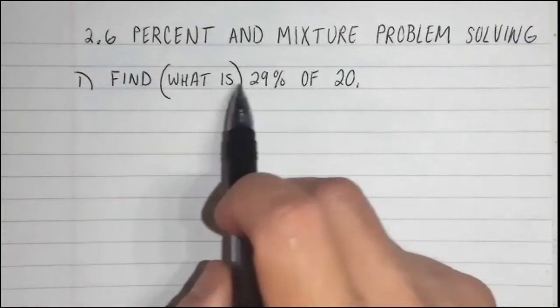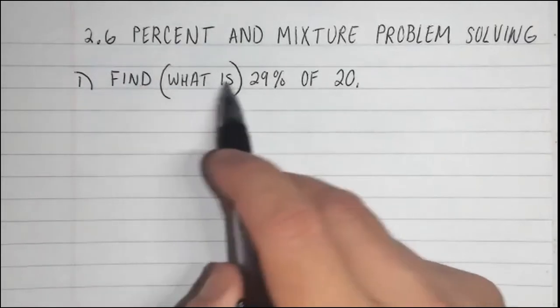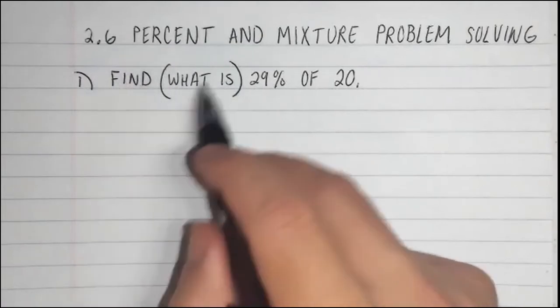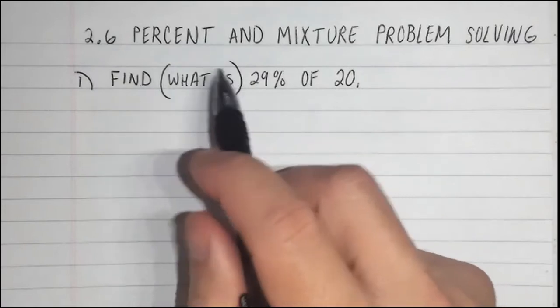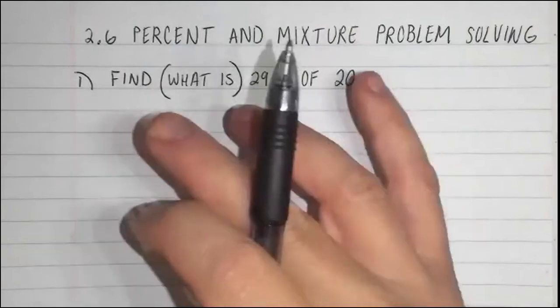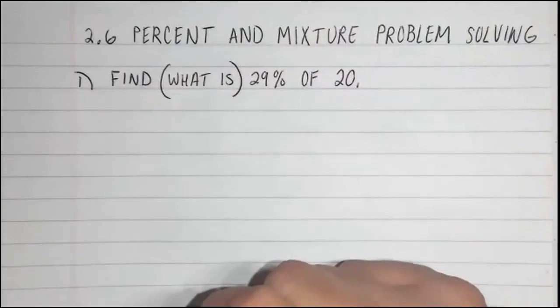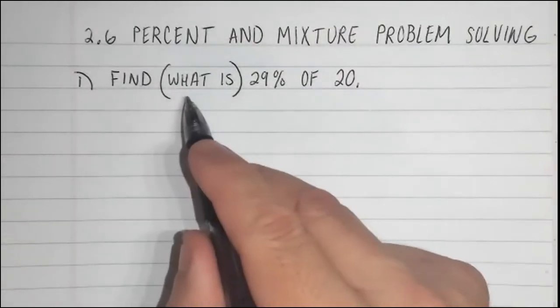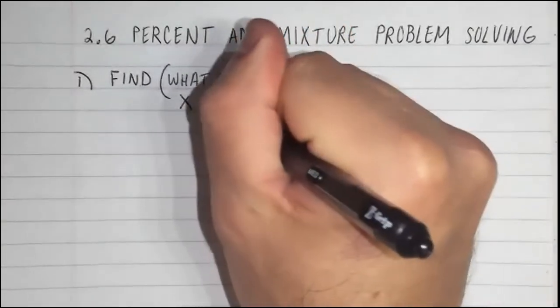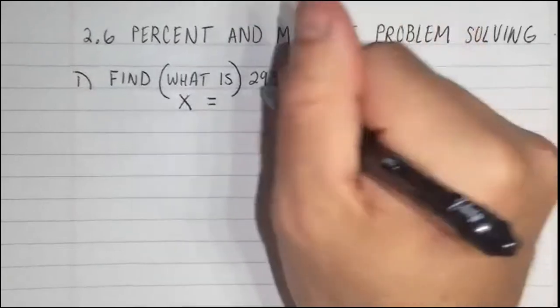And that's important because I need these words, what and is. A lot of times you won't necessarily see it written that way, but you have to be able to take whatever way it's written and convert it into this kind of algebra equation. So we know when we see what, we're going to use x. Is tells me I'm going to use my equal sign.